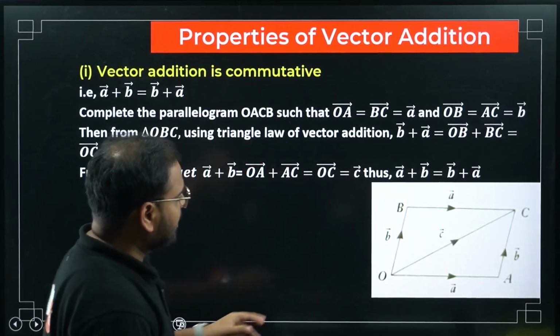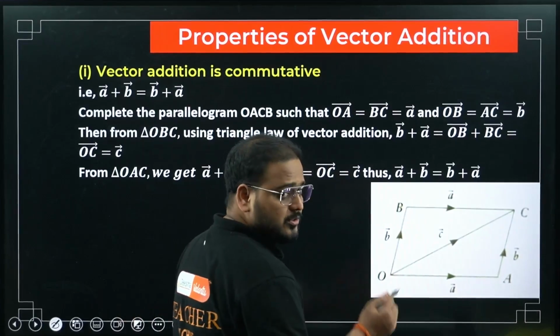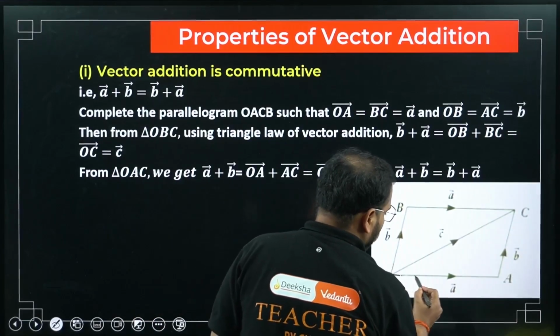Please check. If I write OA plus AC for this triangle, I'm going to use both the triangles over here. The parallelogram is drawn like this.